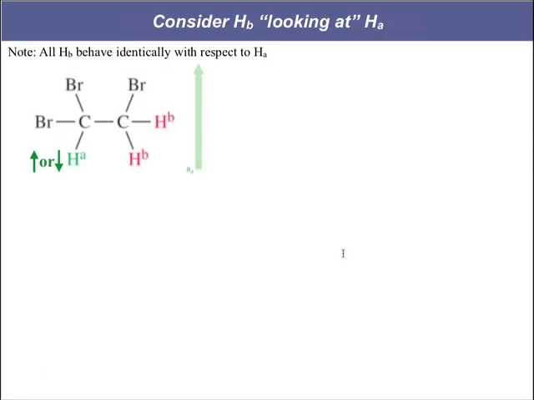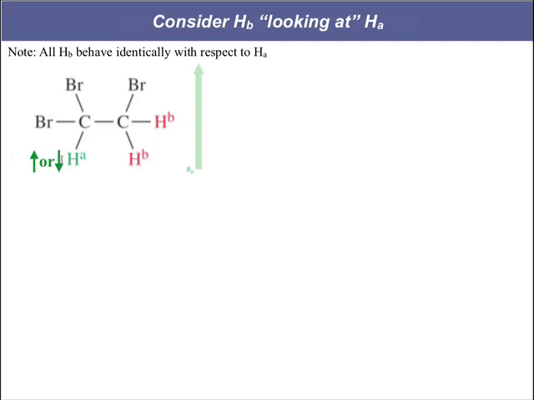So let's look at our molecule and imagine that our molecule is in an external magnetic field, B0, that's say pointing in the up direction. Let's consider an HB looking at HA. Imagine that our HB can feel its neighbor. Now, what do I mean by feel the neighbor?